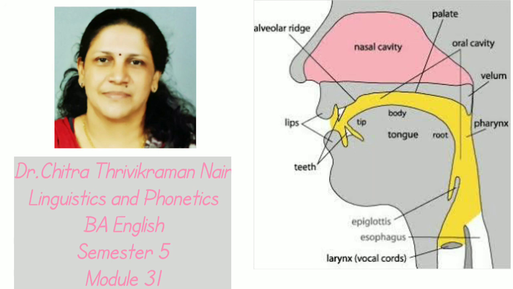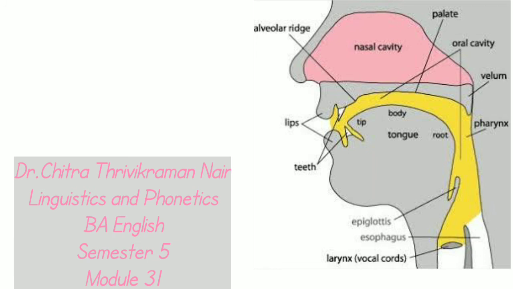So these movable organs, these active articulators like the vocal cords, the velum, the tongue, the lips, etc., act independently of one another, and it is a combination of their movements that results in the production of different speech sounds.